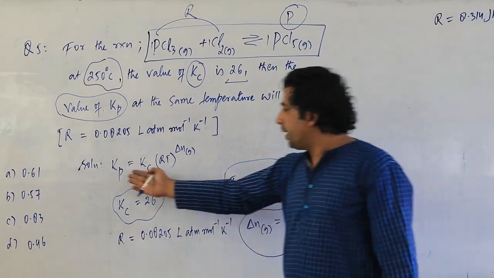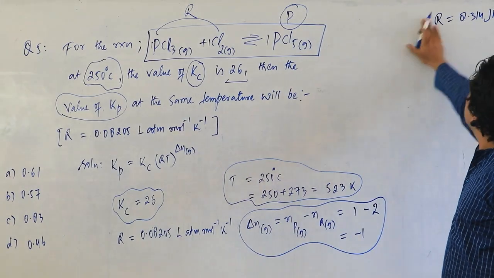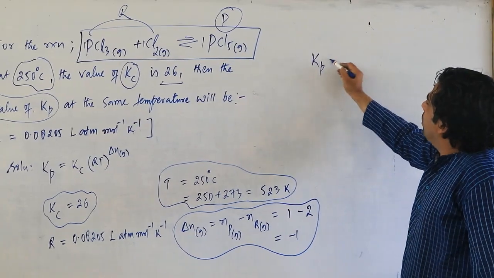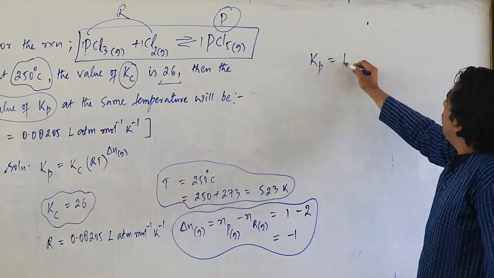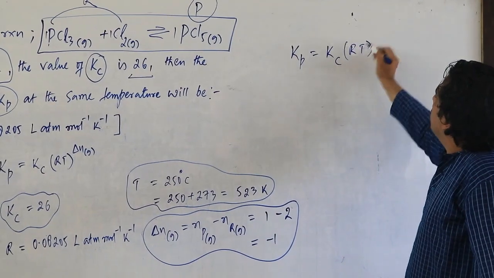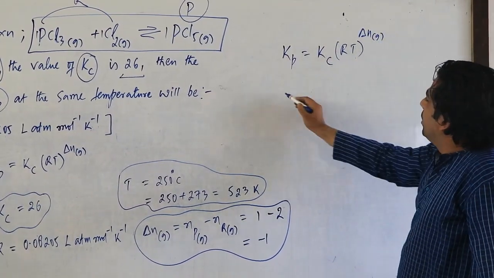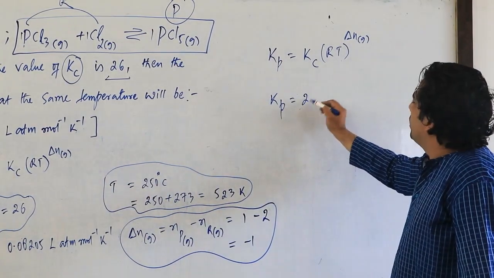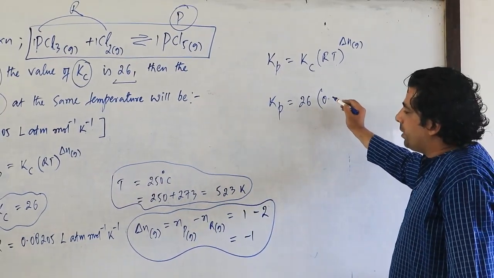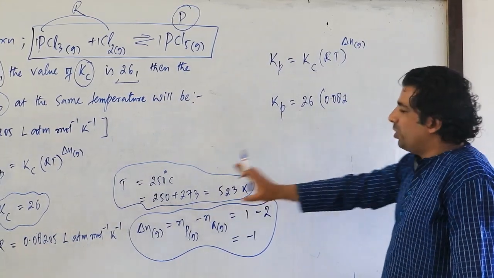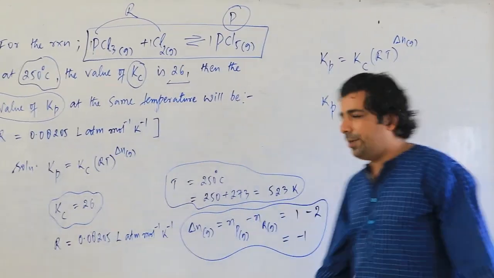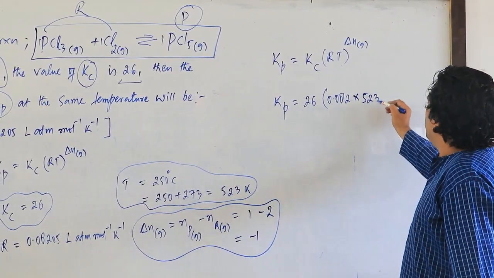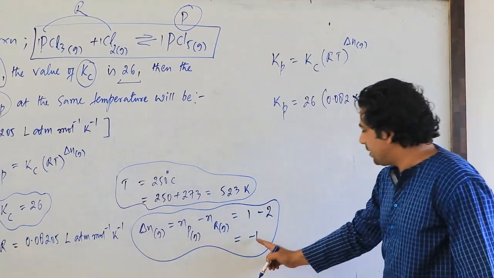Now I can easily find out Kp. So my dear friends, let me take it down. Kp is equal to, focus here my dear friend, Kp is equal to Kc RT to the power delta N gaseous. So Kp is equal to 26, that is the Kc value, into R which is 0.082, into the temperature in Kelvin, 523, and the delta N gaseous value is -1.